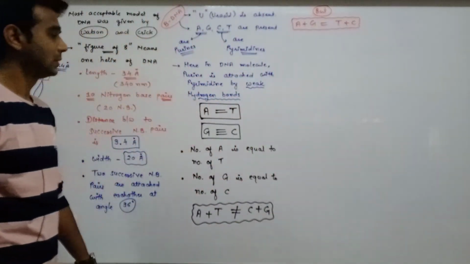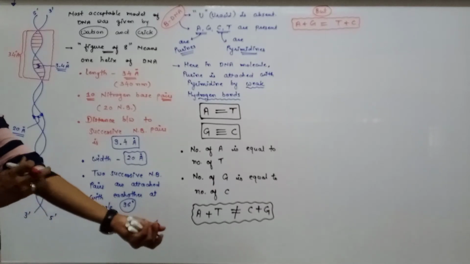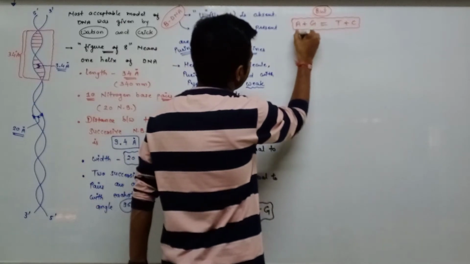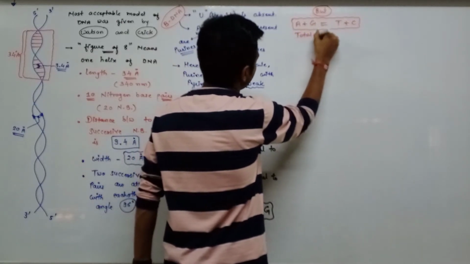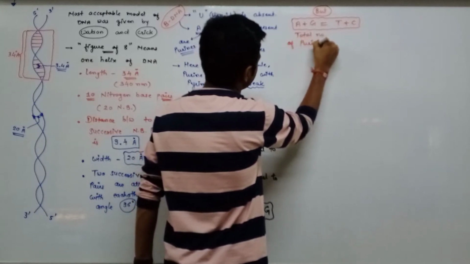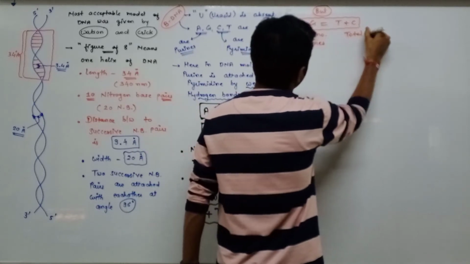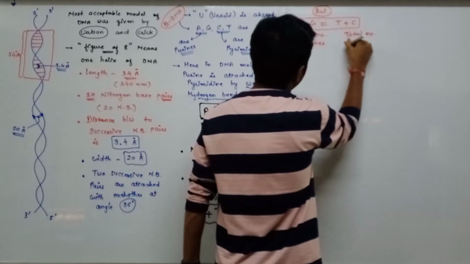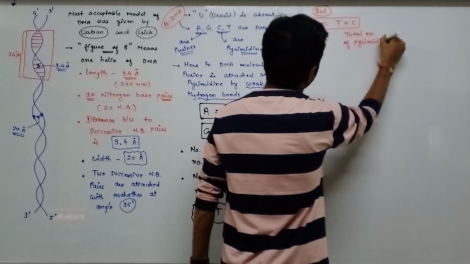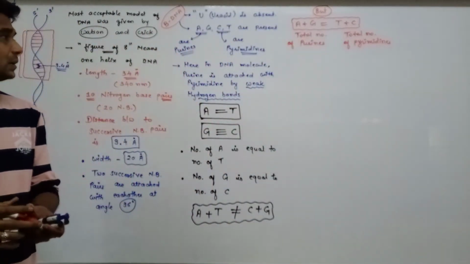Yes, A plus T is not equal to C plus G, but A plus G is equal to T plus C. So A plus G means the total number of purines is equal to the total number of pyrimidines.